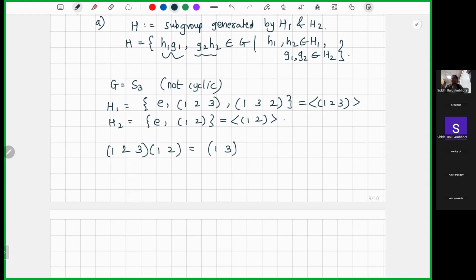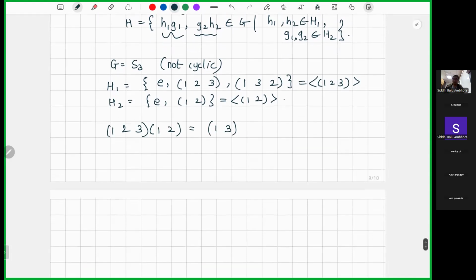So this is giving me the element (1 3). Now if I take (1 2)(1 2 3), what will this give me? Here 1 goes to 2, 2 goes to 1.